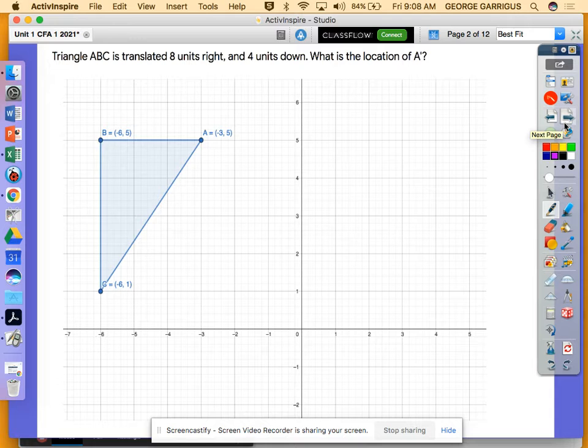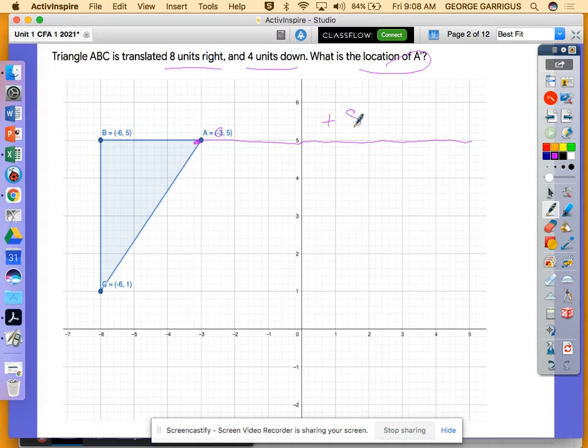Triangle ABC is translated 8 units right and 4 units down. What's the location of A prime? So we want to take this point A right here, and we're at -3. So that's 3 to get to here, plus we need to go 5 more: 1, 2, 3, 4, 5.